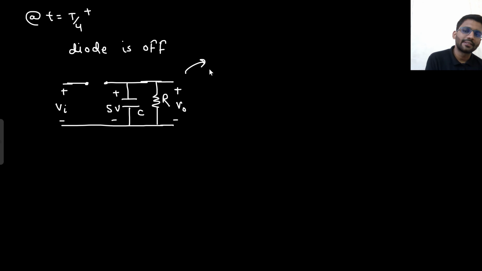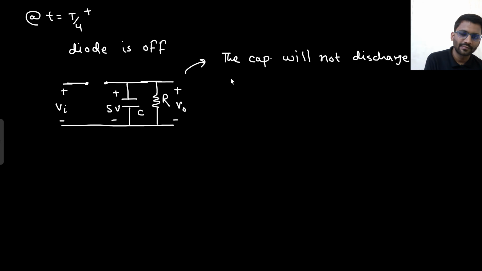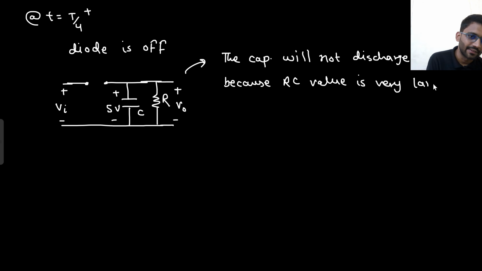Now the capacitor will not discharge. Why so? Because RC value is very large. So Vc steady state will be 5 volt only.